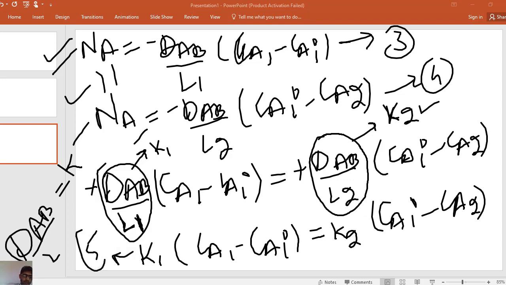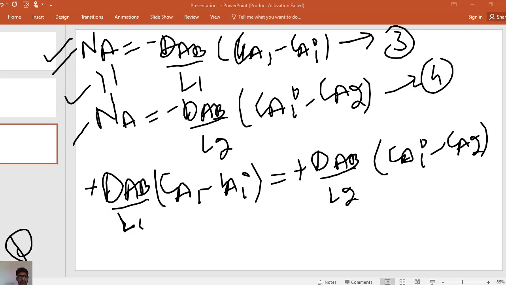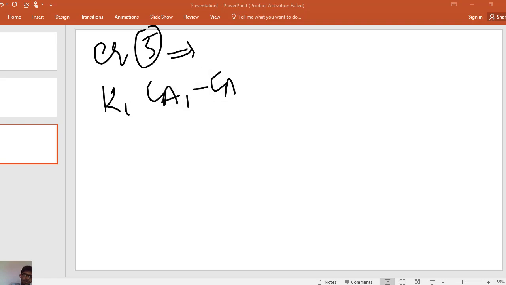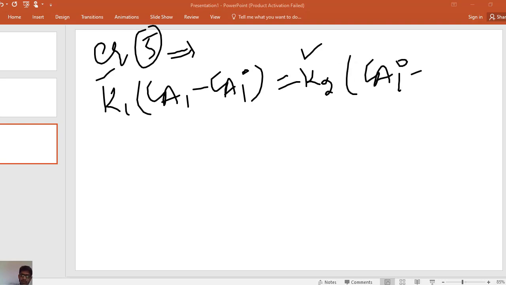Rearrange equation 5. We will get the final equation, which gives the relation between the mass transfer coefficients and the concentration gradients in the two stationary layers of liquid and gas. From equation 5 we get K1 times Ca1 minus Cai is equal to K2 times Cai minus Ca2.